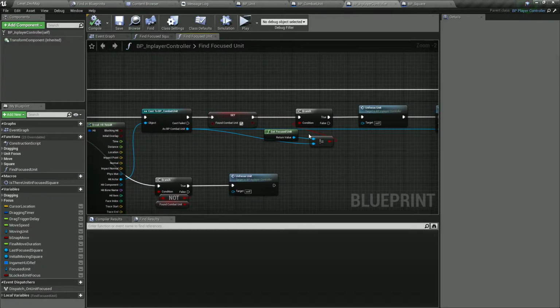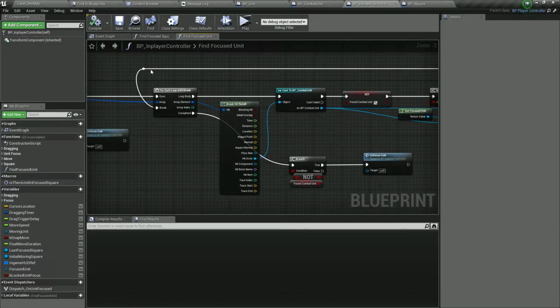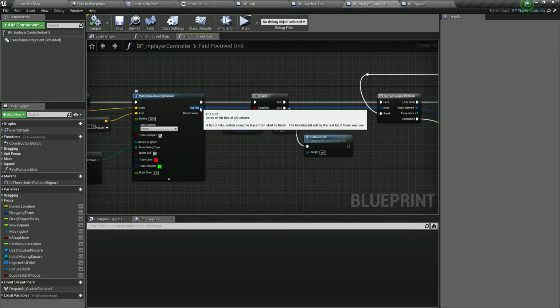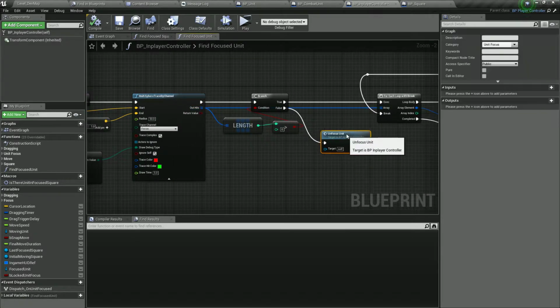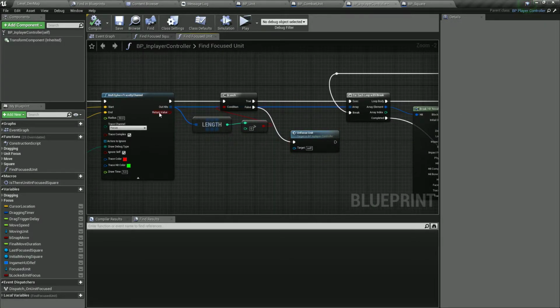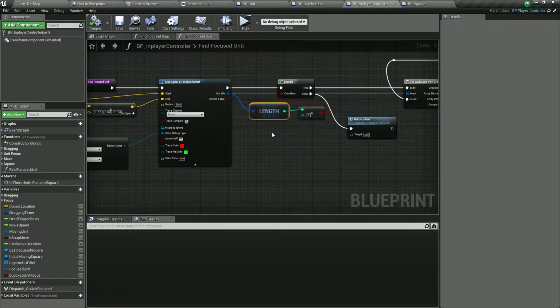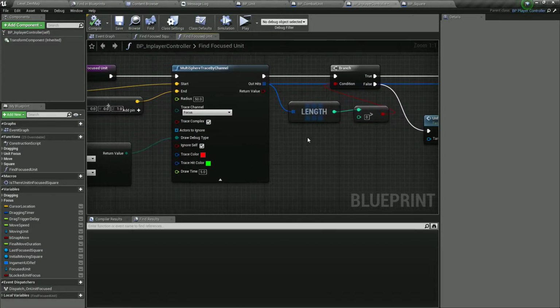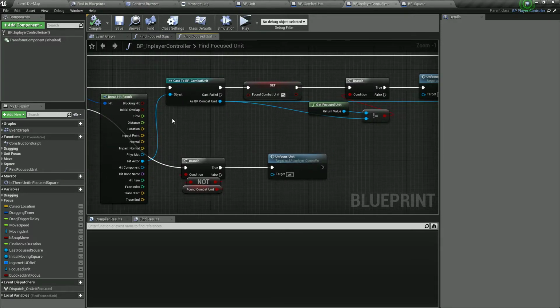No, not of course. I don't know why. Because they are being returned in different orders. We need to sort them by distance somehow.